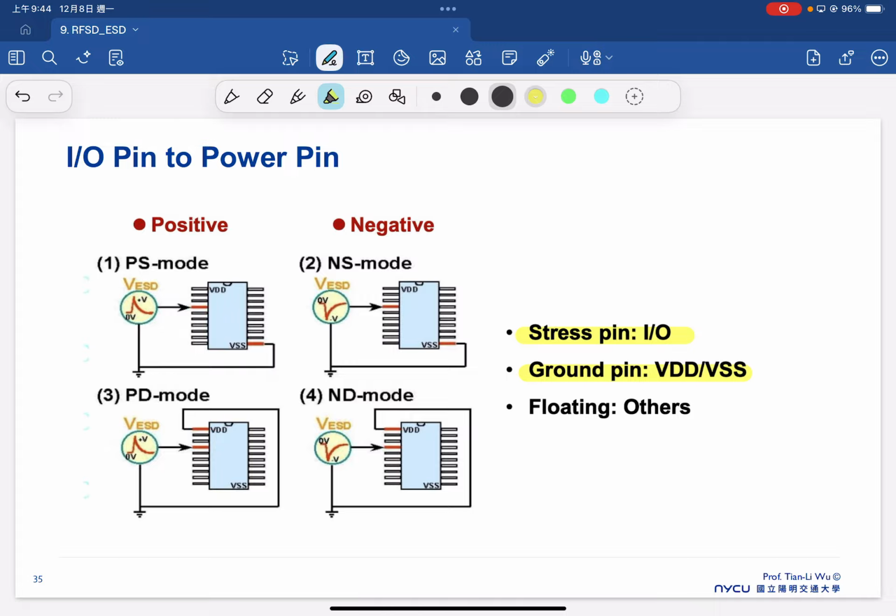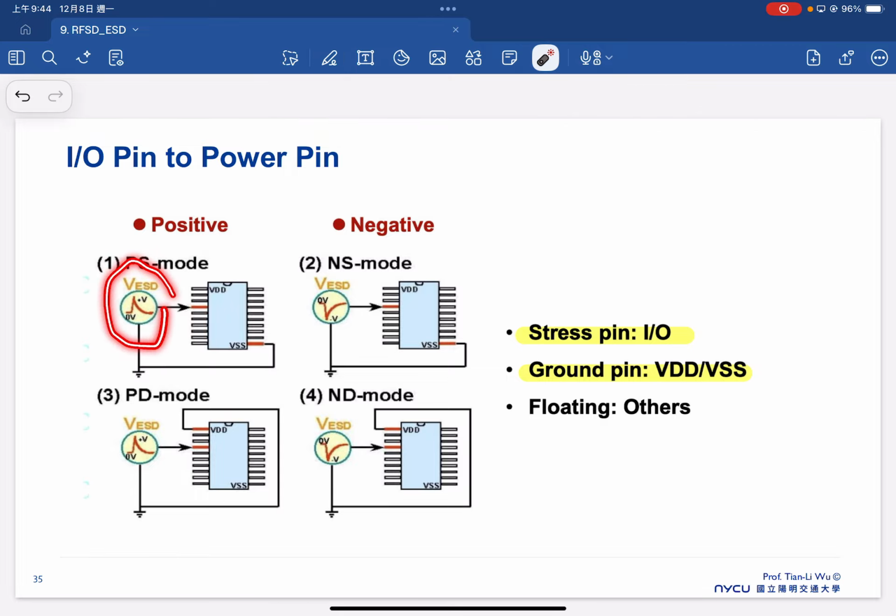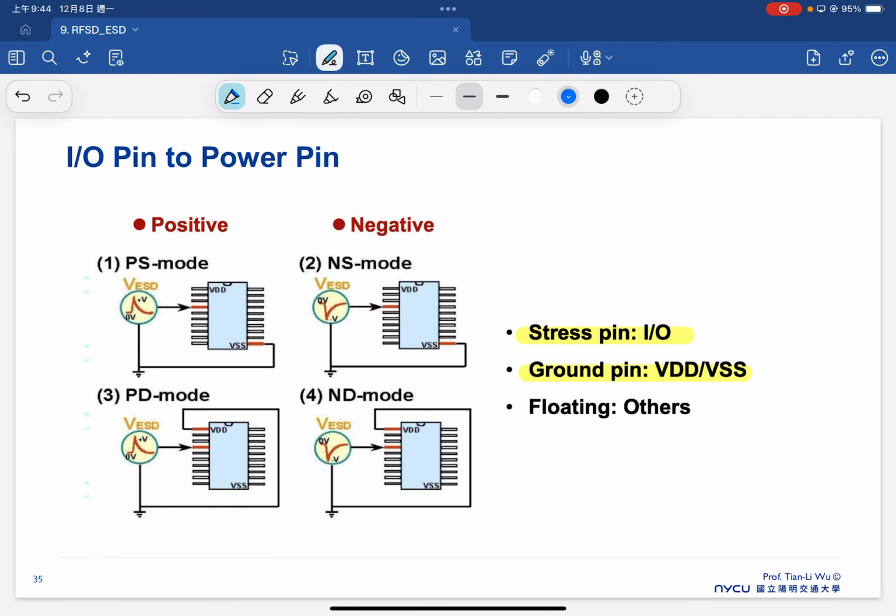Then we give the ESD pulse here and look at the ESD capability between this pin and the VSS. So we test each pin versus the VSS capability.